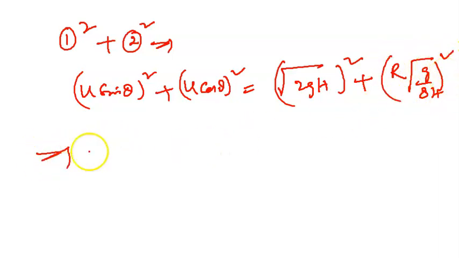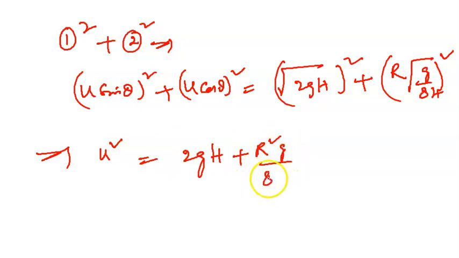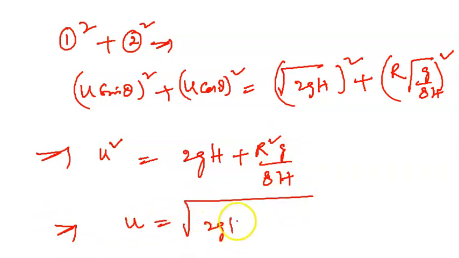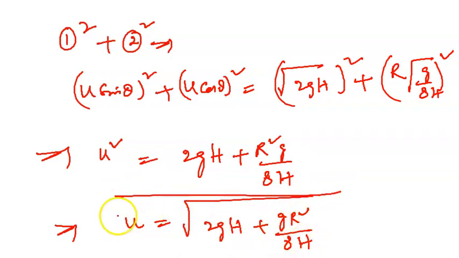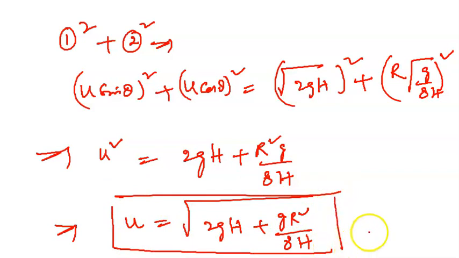Therefore u square is equal to 2gH plus R square g by 8H. We want the initial velocity of projection, u, which is equal to the square root of 2gH plus gR square by 8H. This is the result which we require. Okay, thank you.